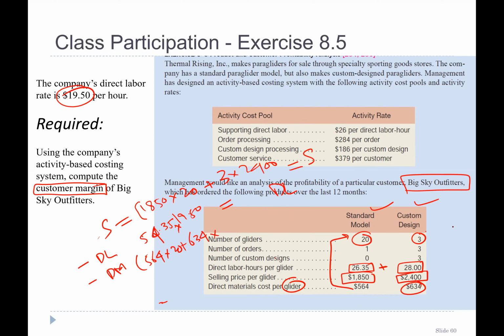Times 3. That is going to be direct material. Right, guys? Sir, I have a question about it. In the direct labor, why is 54.35? So direct labors.